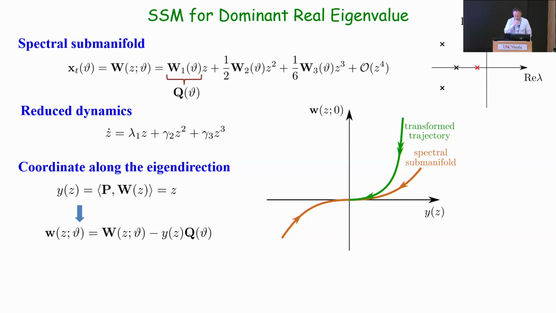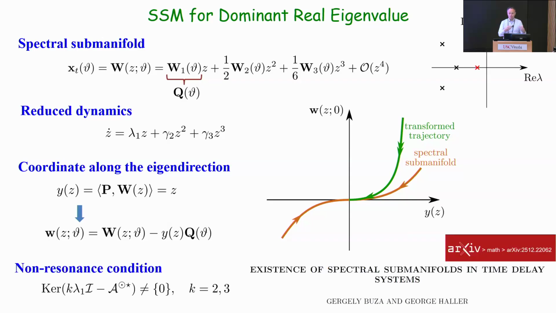So this sounds great, but I think the first question George asked is, does this thing exist? When does it exist? Are they smooth? These questions have to be generalized for time delay systems, in particular the resonance conditions. When we go through this algebra, you remember there used to be some matrices which we have to invert. In this case, that's not different. Now we have this operator, and we should be able to check whether there is any resonance between the eigenvalues.